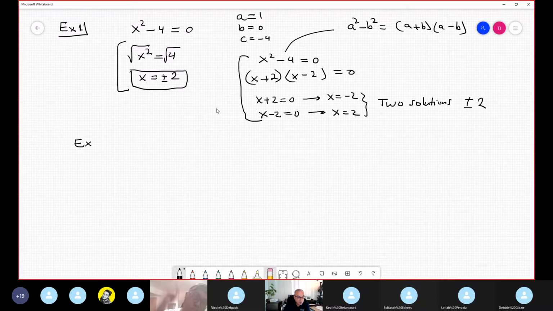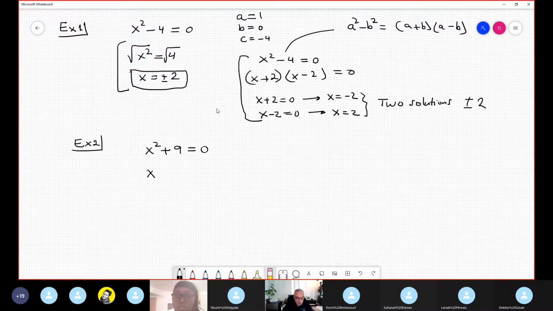Example 2 is similar. x squared plus 9 equals 0. I realize it's a quadratic equation where b is 0. I can do that using the square root method.